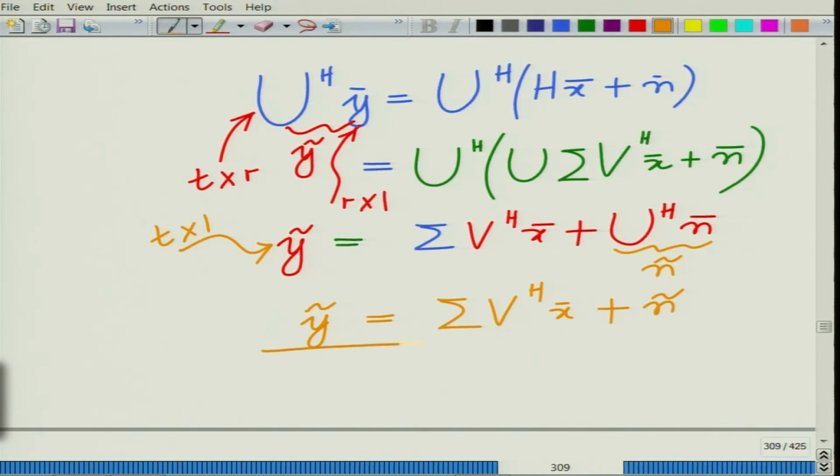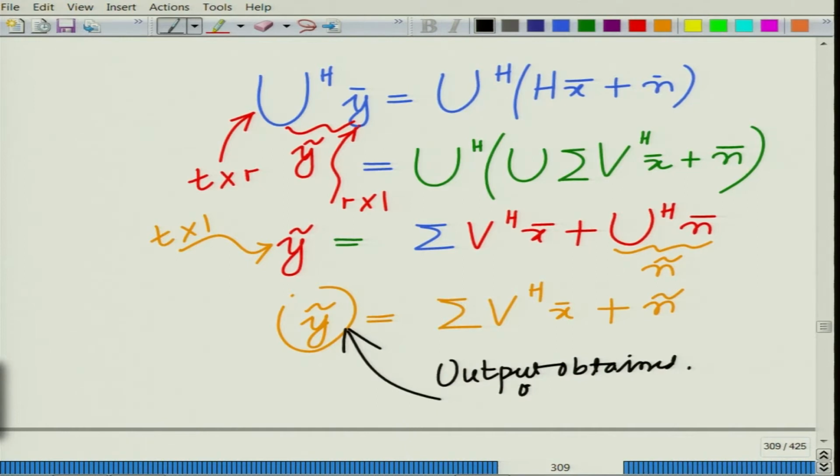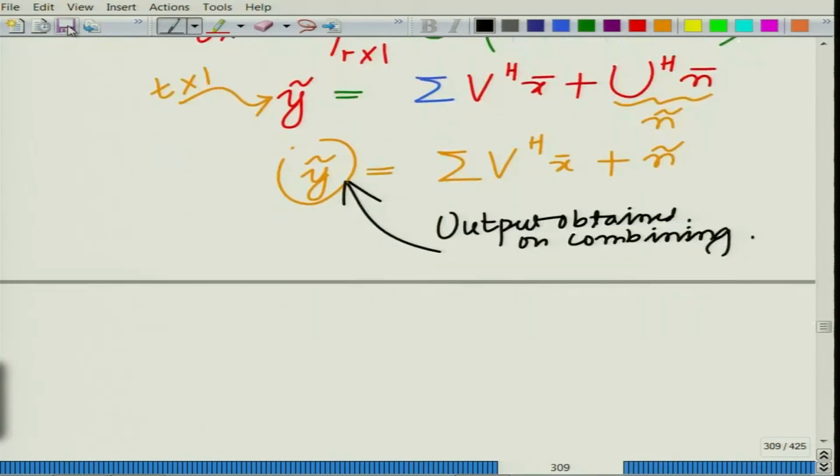So, this is the model. This Y tilde is the combined vector, that is the output obtained after the combining operation at the receiver.